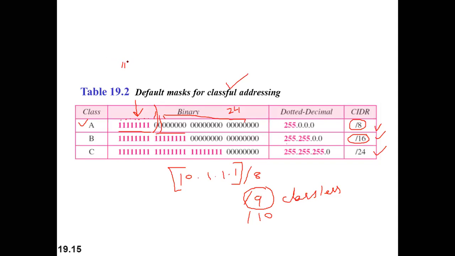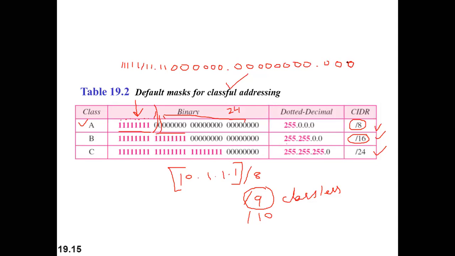So the first octet of 8 bits and the first 2 bits of the second octet are consumed for the network address, and the remaining 6 bits, up to 8, will be the host address.